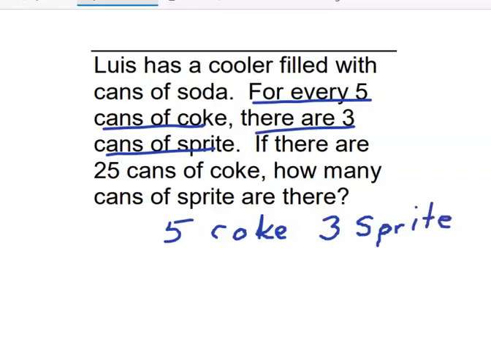It says if there are 25 cans of Coke, so we're going from 5 to 25.